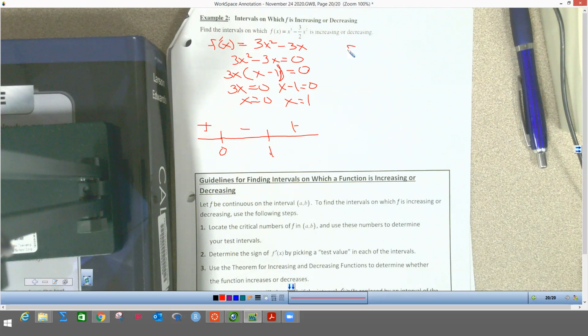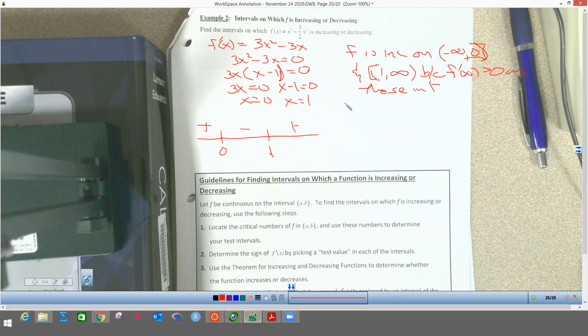So then we can say that f is increasing on negative infinity to 0 and 1 to infinity. I should have a bracket there. They'll take parentheses. Because f prime of x is greater than 0 on those intervals.